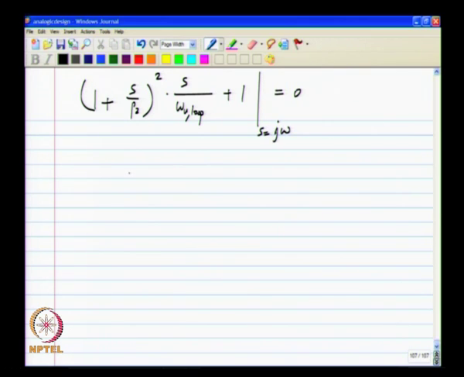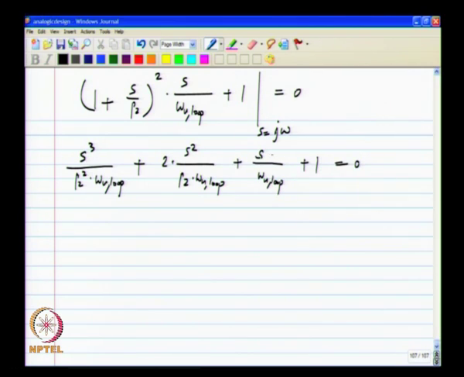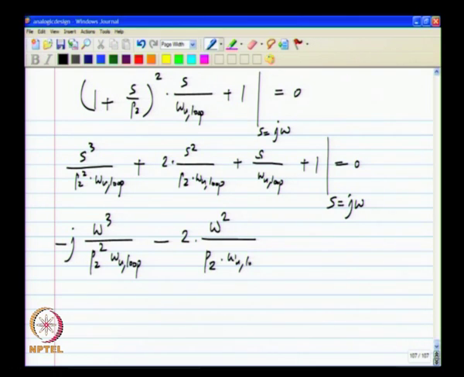This is 0 for some s equals j omega, and this is nothing but, again for s to be j omega, so this means that minus 2 omega square by p 2 omega u loop plus j omega by omega u loop plus 1 equals 0.